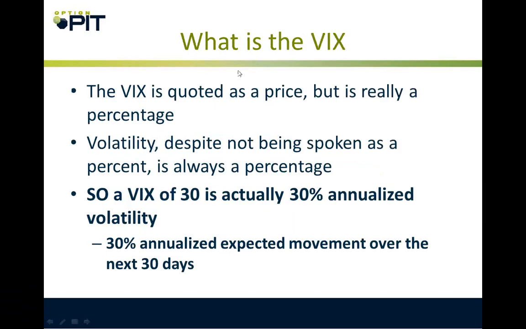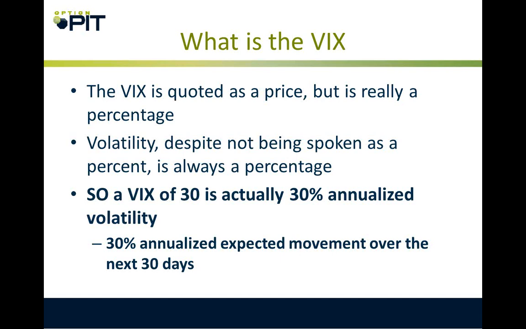So what is the VIX? All right, the VIX is quoted as a price, but is really a percentage. So volatility, despite not being spoken as a percent, is always a percent. Remember this. So a VIX of 30 is 30% annualized, 30% annualized expected movement over the next 30 days.